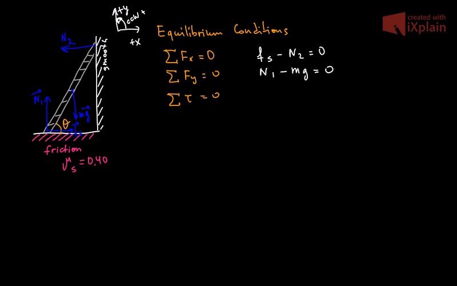For the torques, I have to write the sum of the torques about a point. I'm going to choose a point right here, point O. Why do we choose this point? Because that will eliminate N1 and Fs when you calculate the net torque.